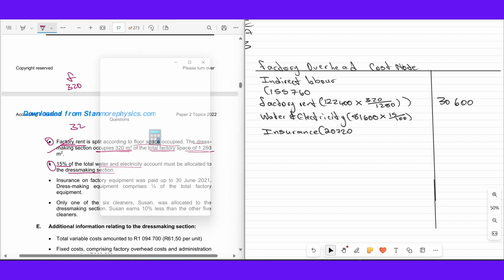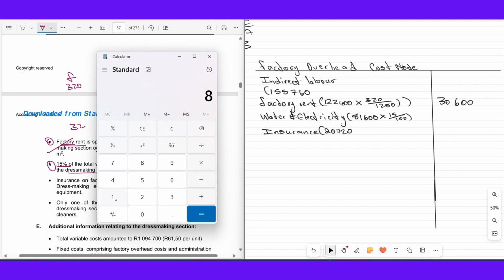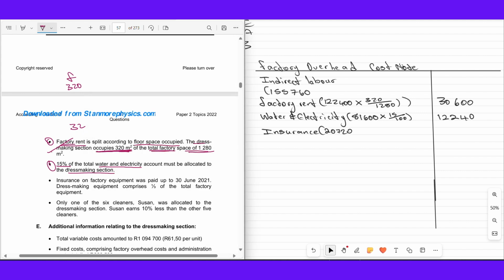Let's see what we are going to get. 81,600 times 15 over 100. We are going to get 12,240. Voila. Then we go to the third bullet.